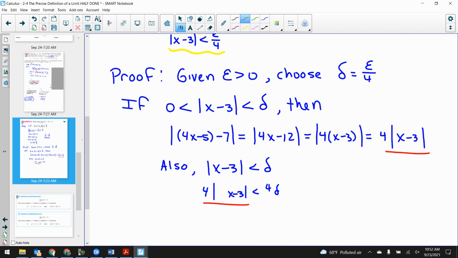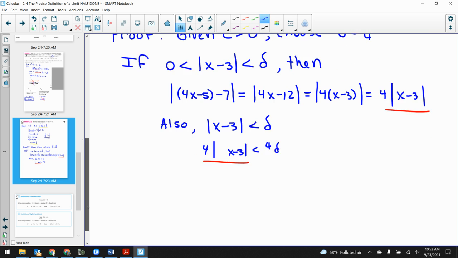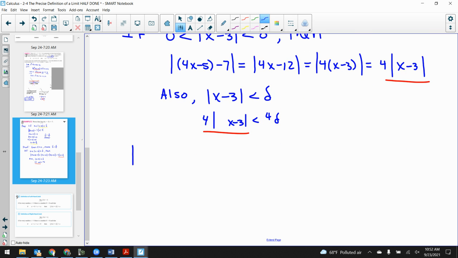So we can say that the absolute value of 4x minus 5 minus 7, just taking the first part of this, has to be less than 4 delta. Look, I just chained that all together. I took this part, chained it all the way to here.